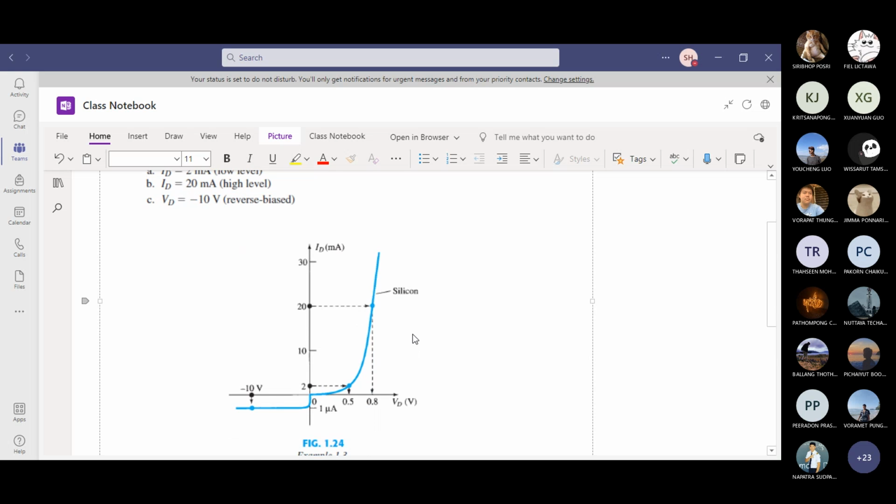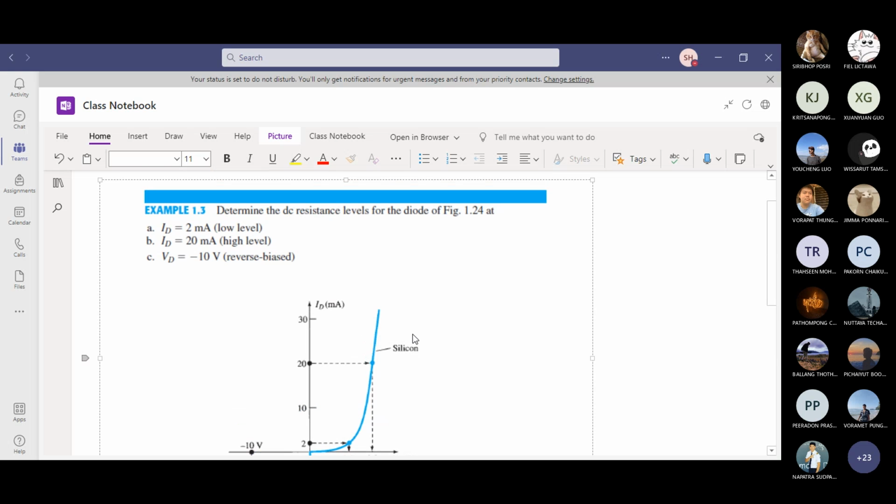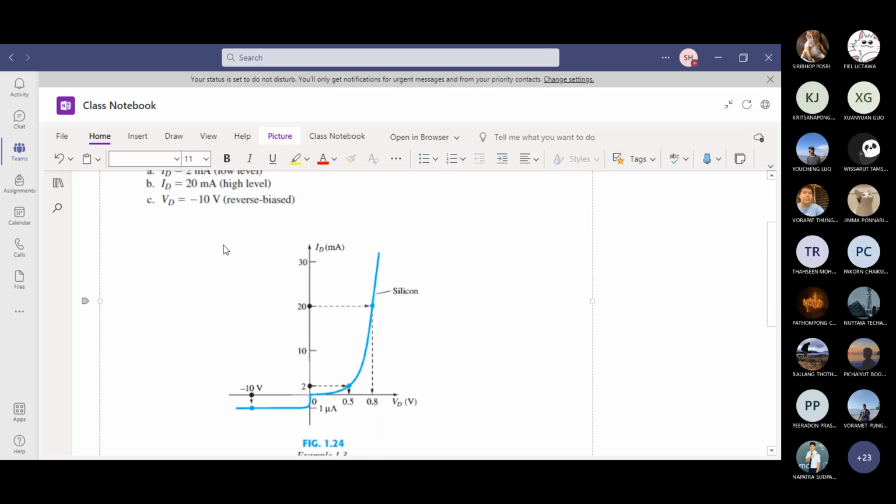We ask you to do the DC resistance level. So find out at 2 milliamp of current, what is the DC resistance of this diode? You see the current axis and the voltage axis at 2 milliamp. What is the DC resistance, Thirawut?